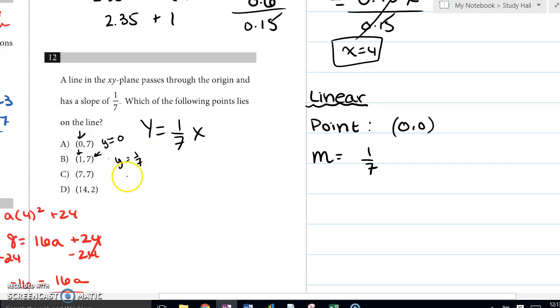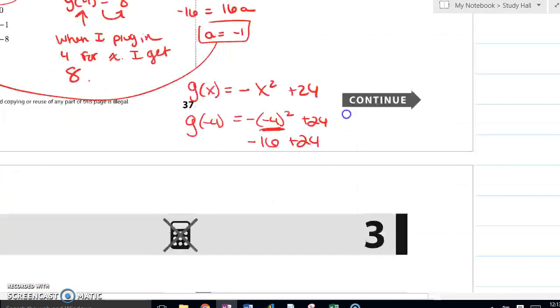That doesn't work. Here we plug in 7 for x and you get y equals 1. That doesn't work. For D, plug in 14. 1/7 times 14 and you get y is 2, which works here. When you plug in 14, you get 2. So that's choice D. No tricks there, just using linear functions.